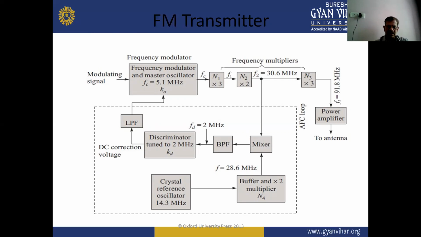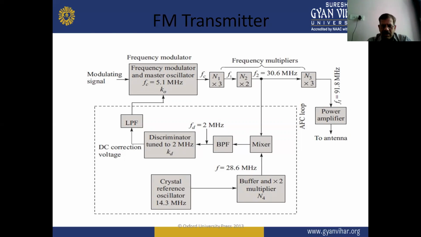and after the crystal oscillator, the output is applied to the buffer and multiply by 2 multiplier, and this has the frequency 28.6 megahertz, and the crystal generated carrier signal has the frequency 40.3 megahertz.